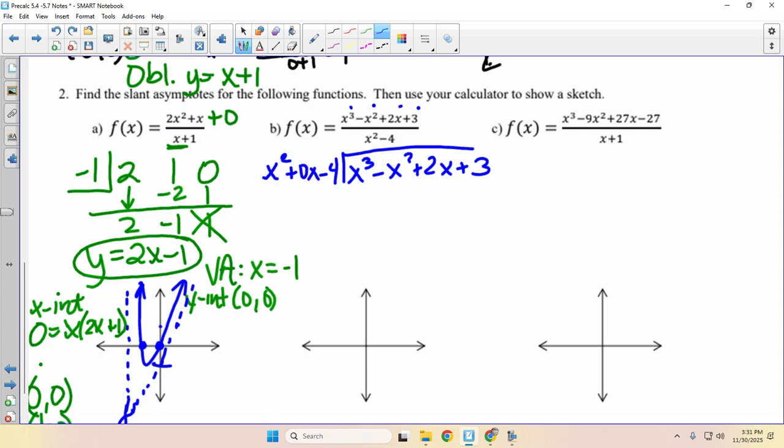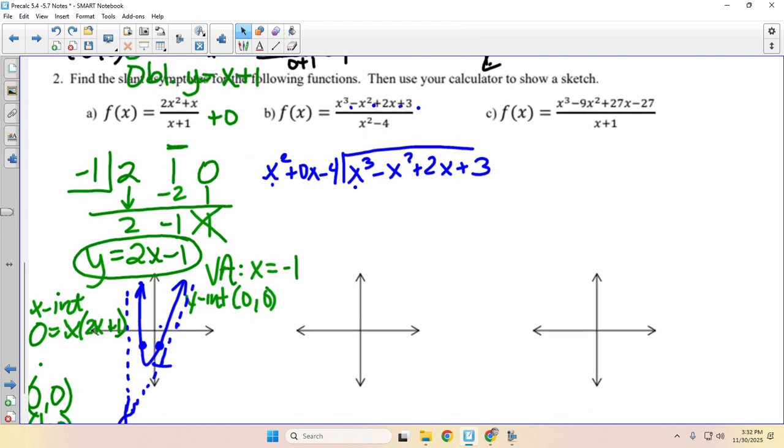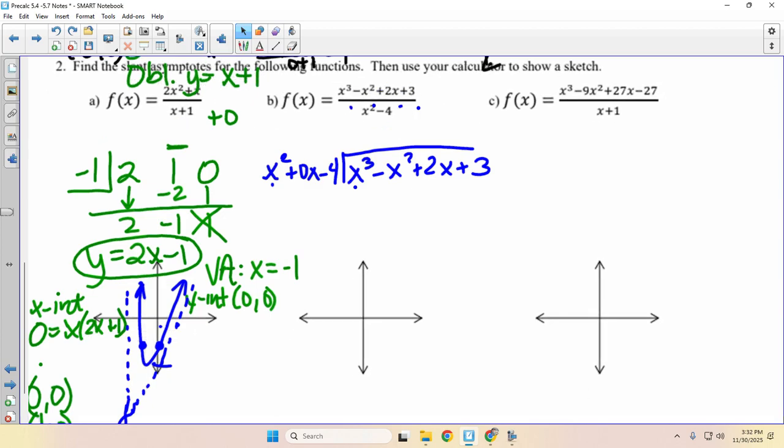So we're going to do some long division. How many times does x squared go into x cubed, or what do I need to multiply x squared by to make it x cubed? The answer is x. So the x goes on the top, and then you multiply all of your guy on the outside by that x.